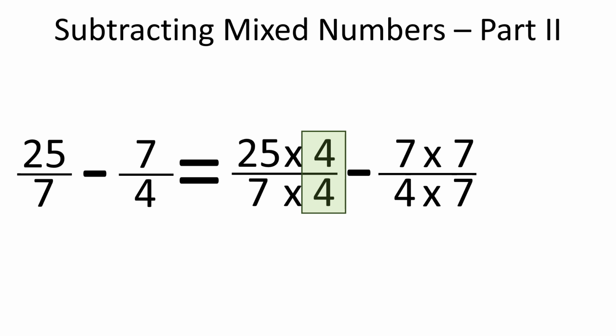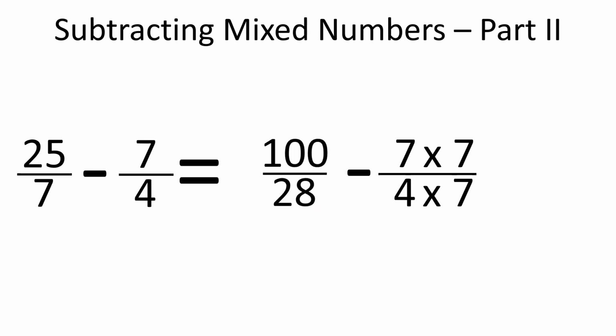So 25 over 7 is 100 over 28. To convert 7 over 4 to an equivalent fraction with 28 in the denominator, we have to multiply both denominator and numerator by 7. So 7 over 4 becomes 49 over 28.